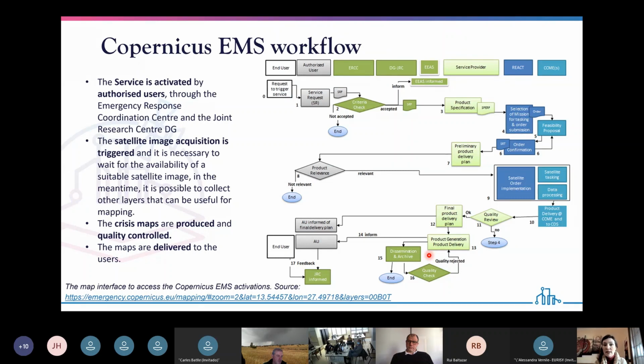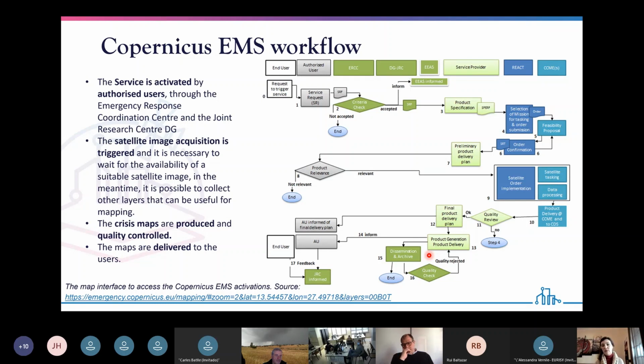So in case of a disaster or in case of the need of maps, because as we said, the idea is to support also the other phases. So imagine that you know that there is an area which is prone to flood or prone to fire, forest fires, for example. It could be that the operators in the field have the feeling that the maps that they have for planning their activities are not enough.